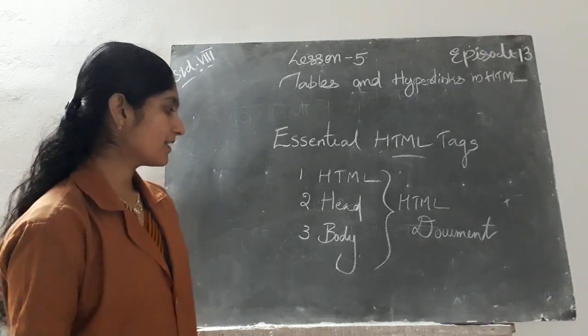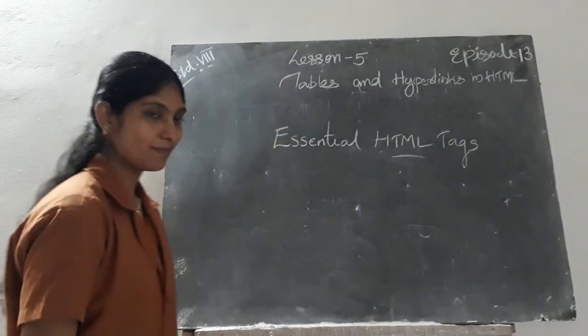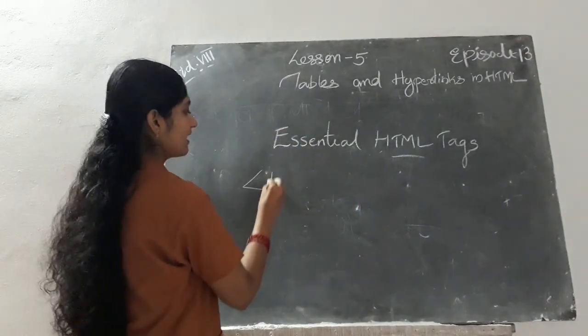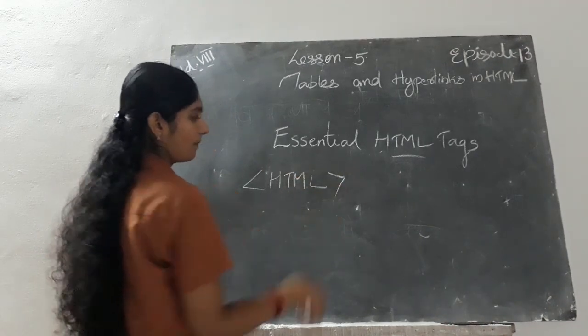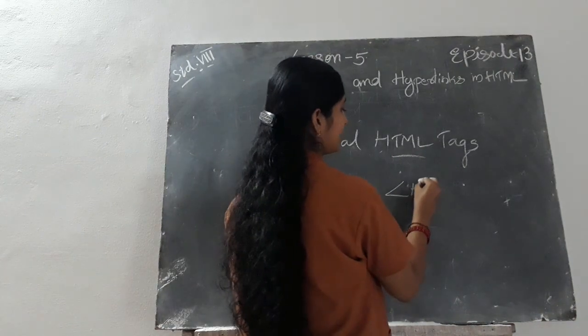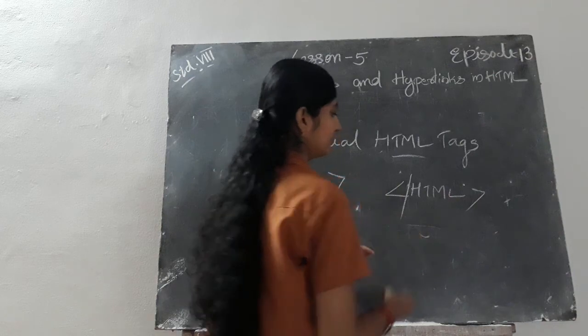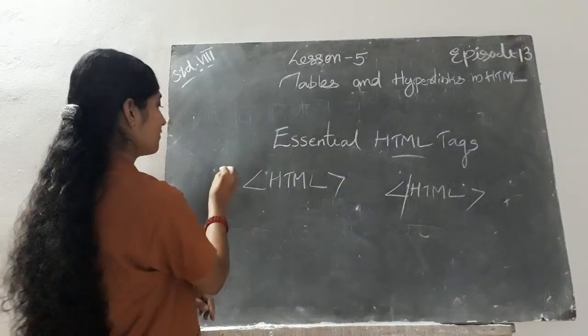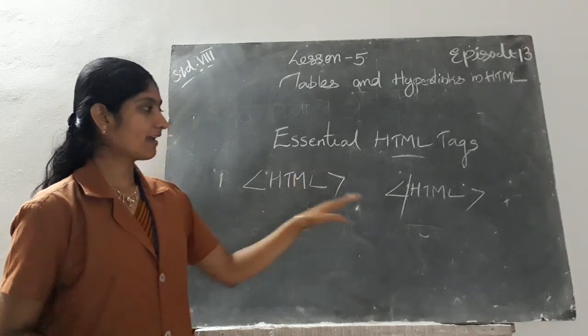So we can represent them using tags. This is the HTML open tag, and this is the HTML end tag. This is the first one, HTML tags, open and closed.